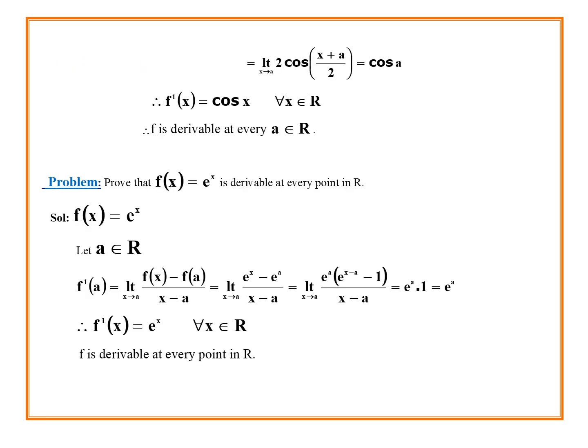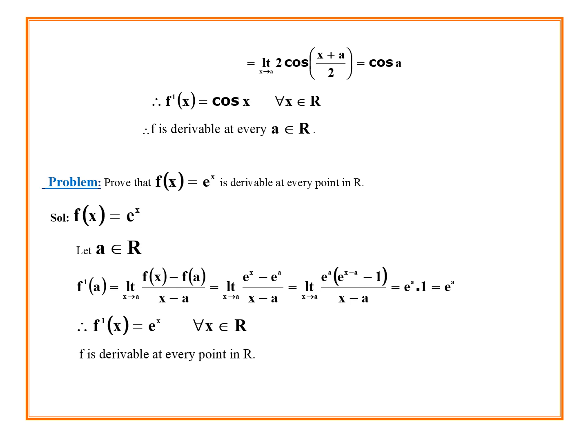Now continuation of the above problem. Limit x tends to a, 2 cos x plus a by 2 is equals to cos a. Therefore f dash at x is equals to cos x for all x belongs to R. Therefore f is derivable at a belongs to R.